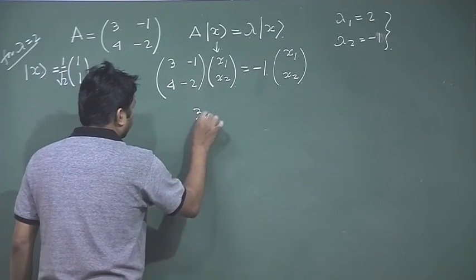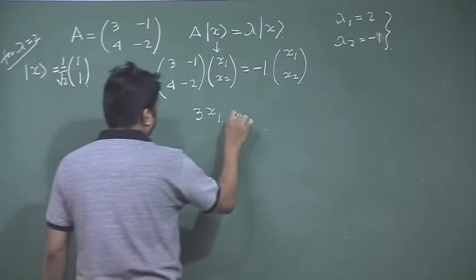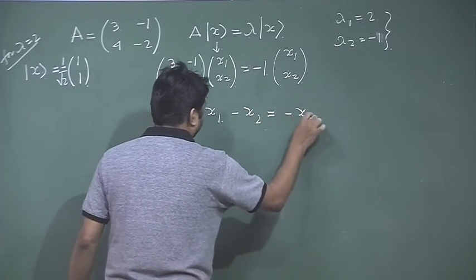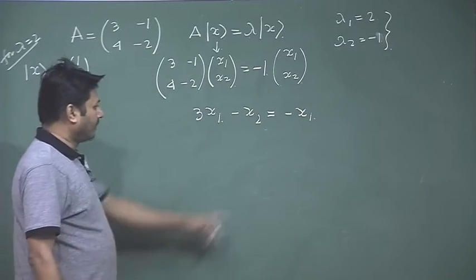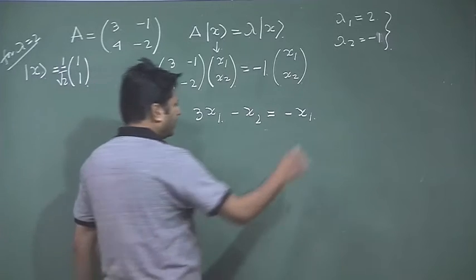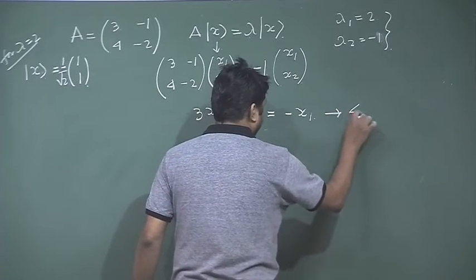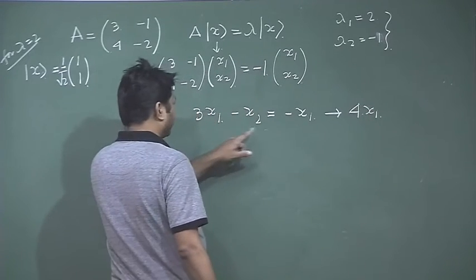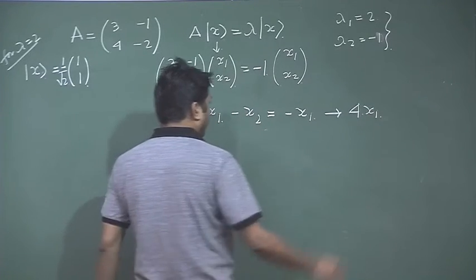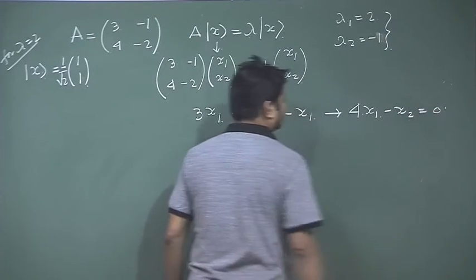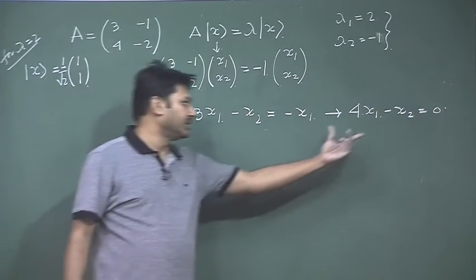So 3x1 minus x2 is equal to minus x1, that is my first equation. From this equation, I will have 4x1 minus x2 is equal to 0. Again I have a relationship.